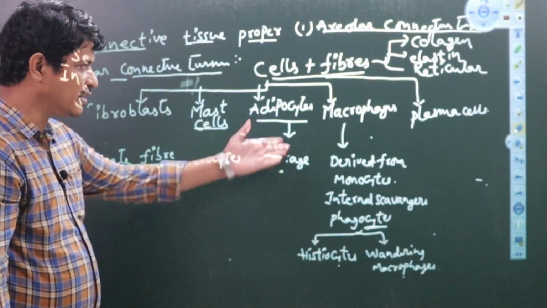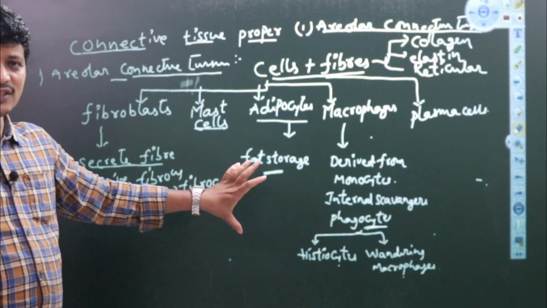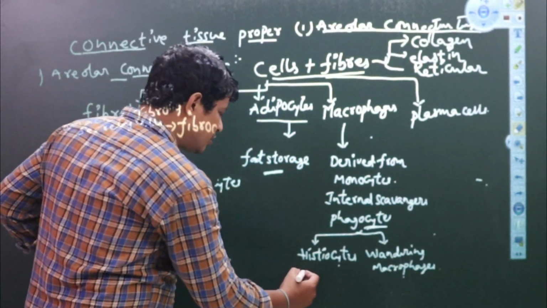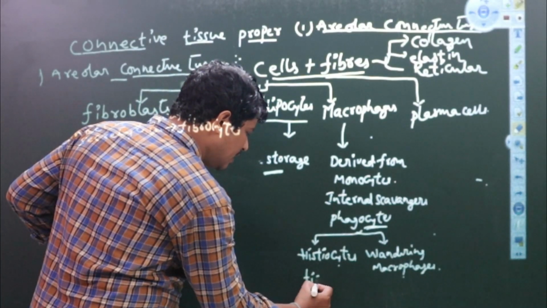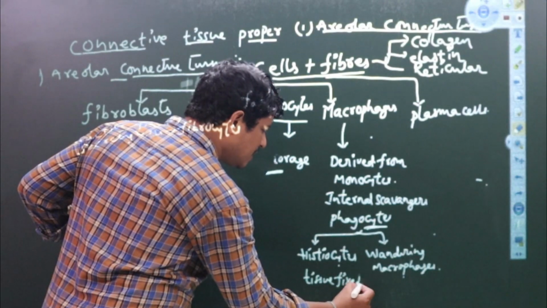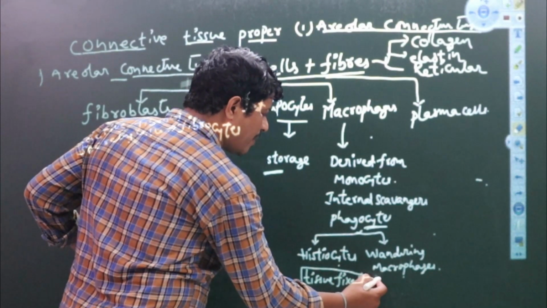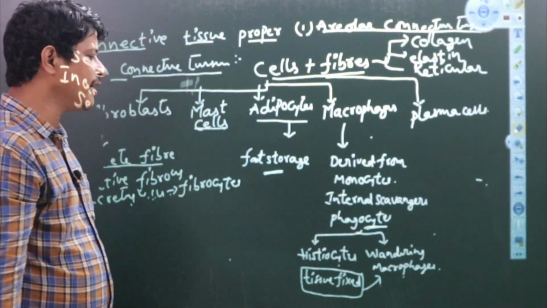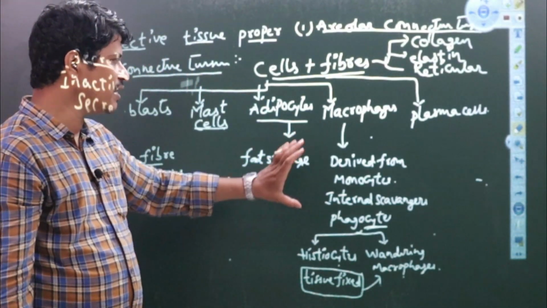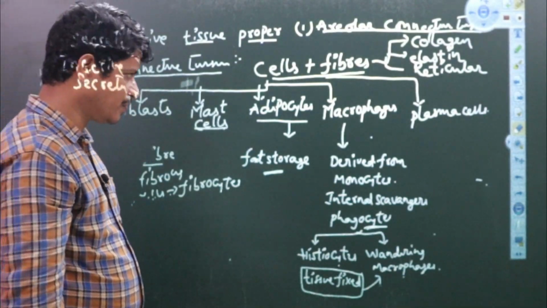The macrophages which are fixed in the tissue are called histiocytes, whereas the remaining macrophages are called wandering macrophages. Those are the macrophages of areolar connective tissue.